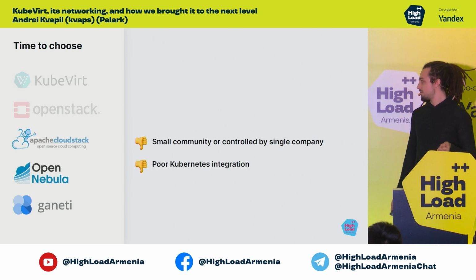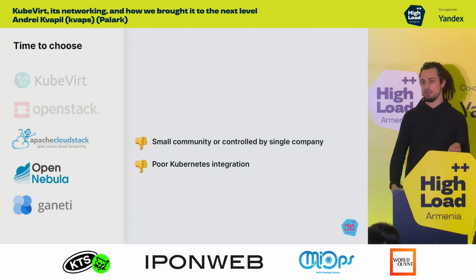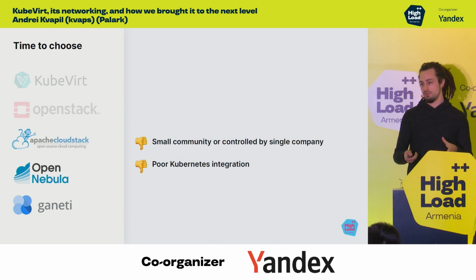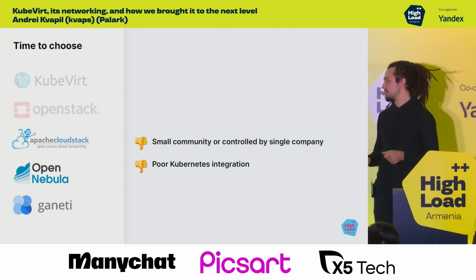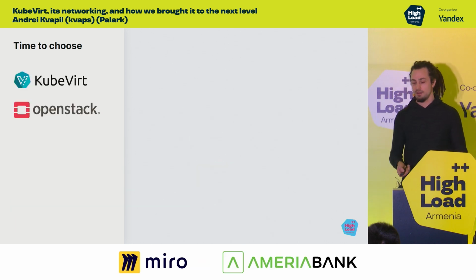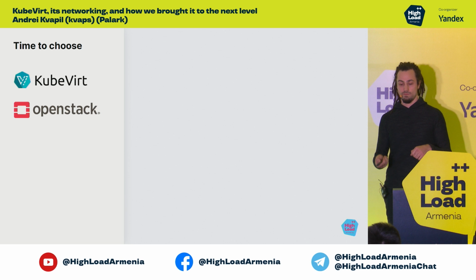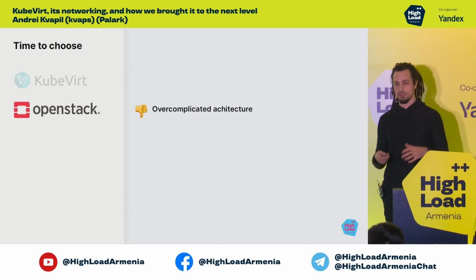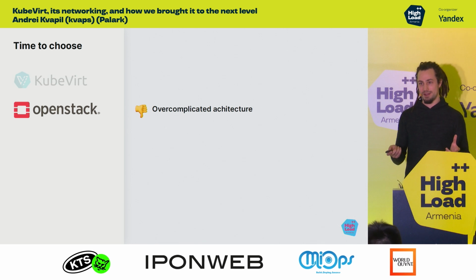The other problem is that they have poor Kubernetes integration. That means we would have to develop a lot of integrations, like CSI plugins, to make Kubernetes work fine in those solutions. The next solution we were considering, first of all, was OpenStack, of course, because this is the default solution for making your cloud.